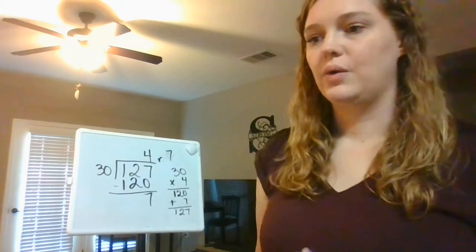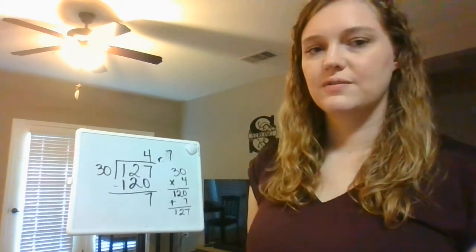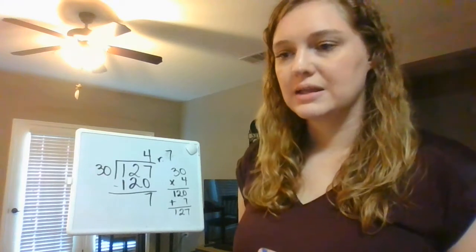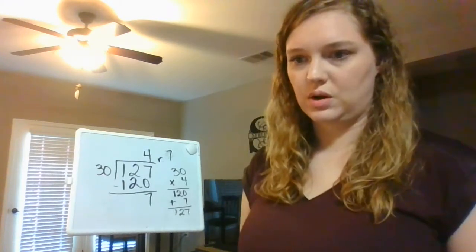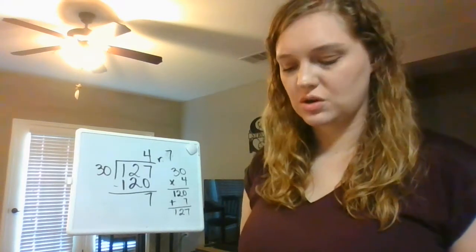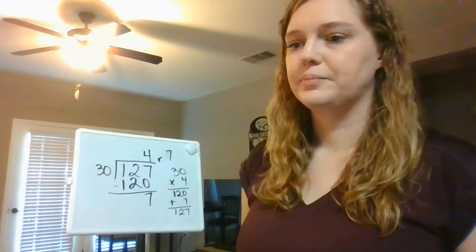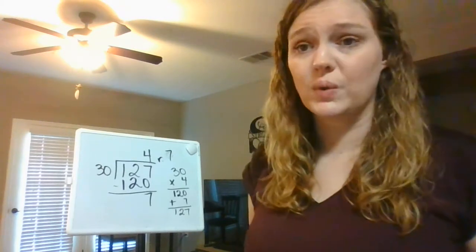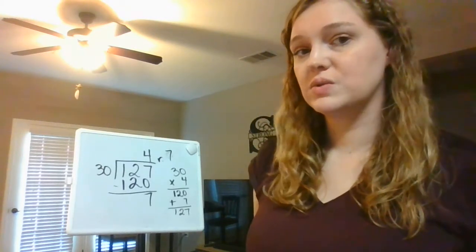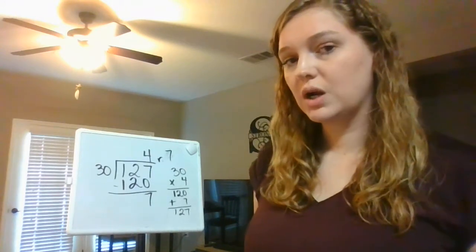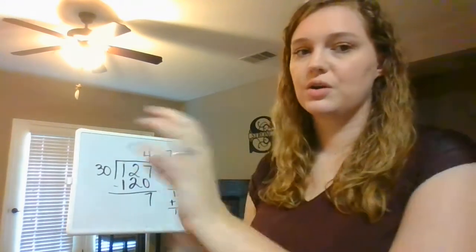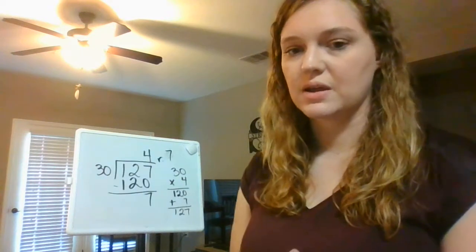So with a new kind of division, it's very important that you check your work. So please do that to make sure you're understanding it, because it's new and it can be a little confusing. Make sure you're putting all your zeros in the right place and everything.